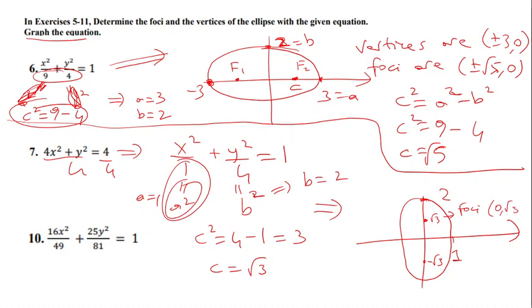So the foci will be 0, square root of 3, and 0, minus square root of 3. When we say foci, it means focuses, by the way. It's an irregular plural.